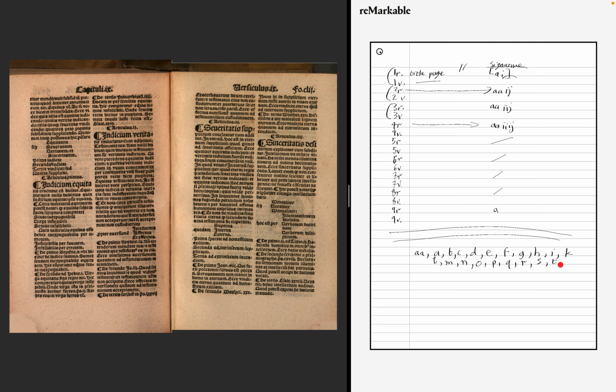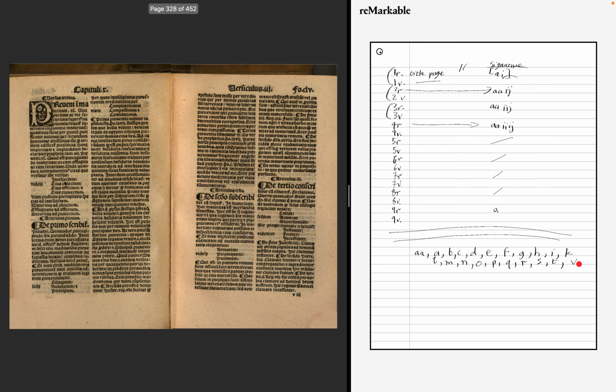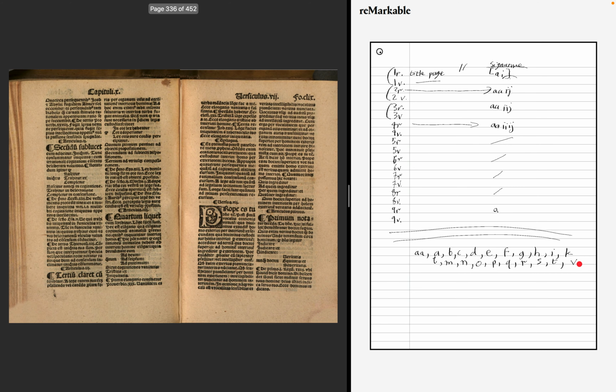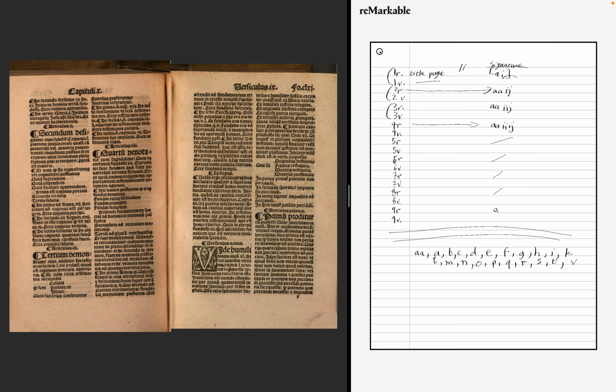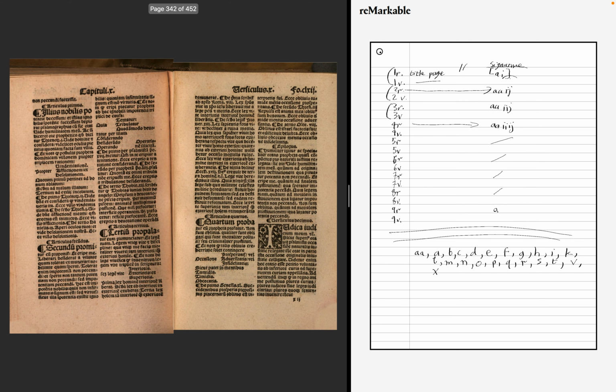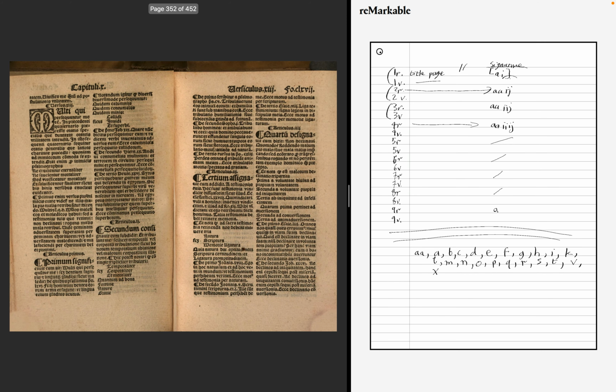What comes after T, not going to guess even. V, V1, V2, V3, V4, V5, V6, V7, V8, and X, because there's no U. X2, X3, 4, 5, 6, 7, 8.